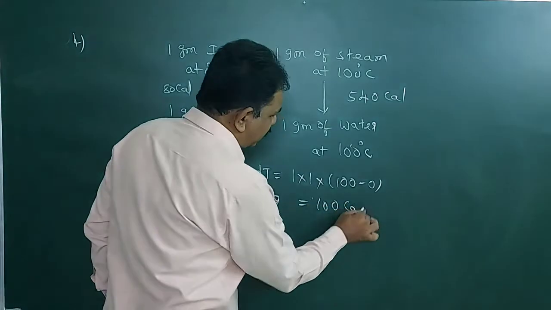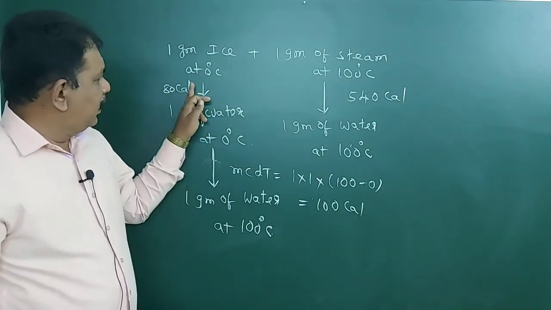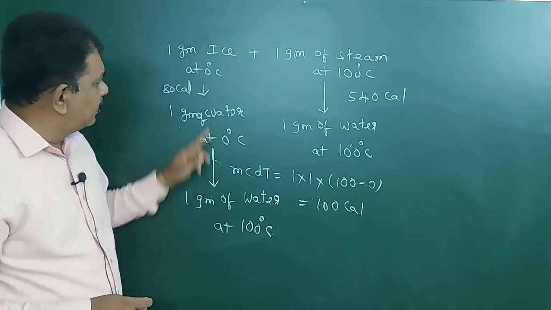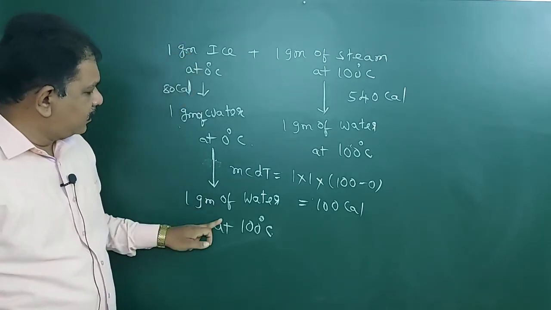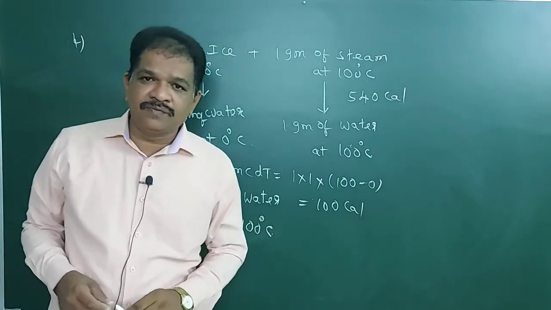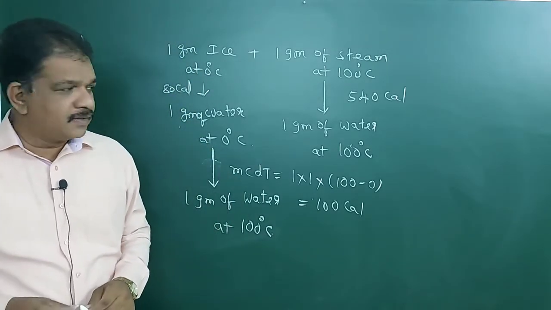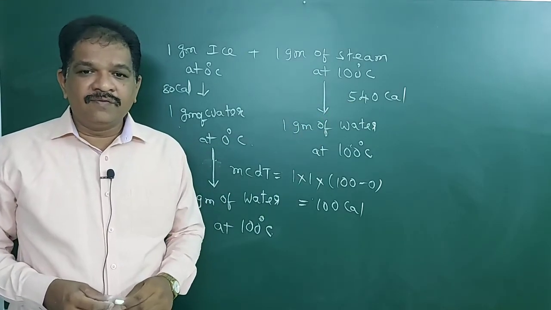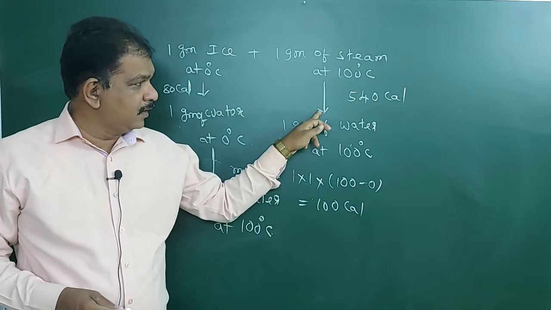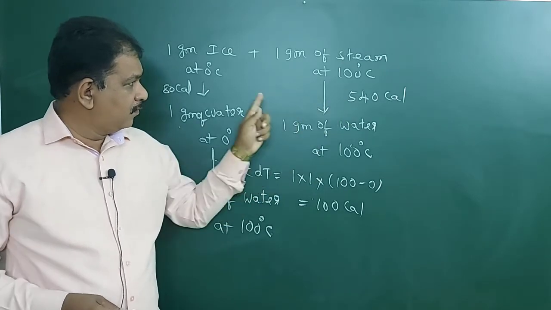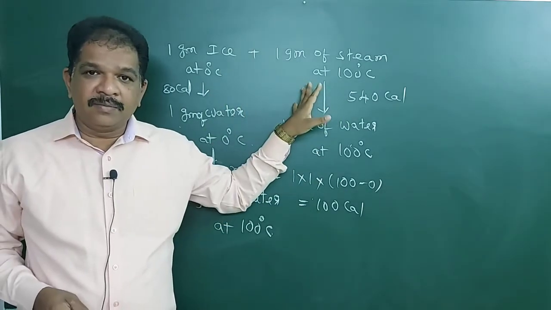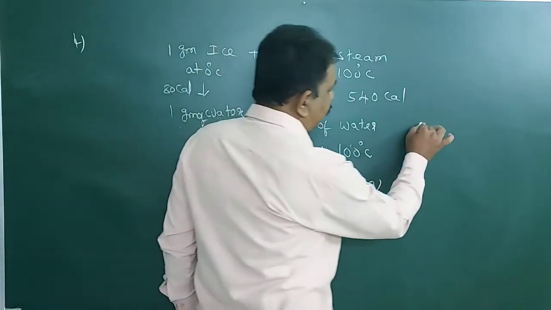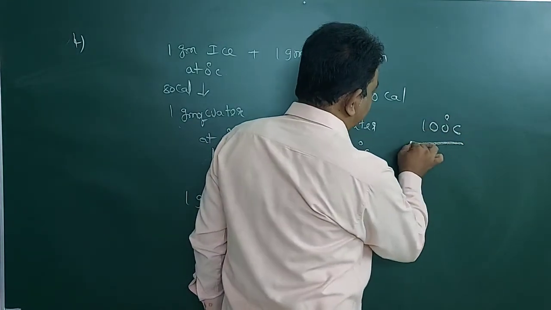This is 100 calories. 80 plus 100, 180 calories is there, then this 1 gram of ice will convert into 1 gram of water at 100 degrees centigrade. But how much energy is the steam releasing? 540 calories of heat it is releasing. So, what is the thermal equilibrium, the common temperature? That will be equal to 100 degrees centigrade.